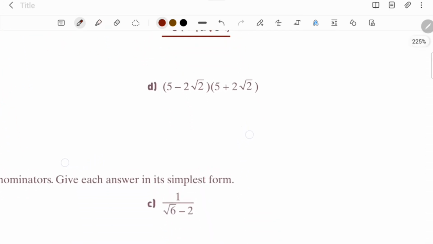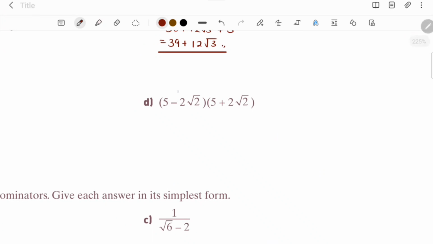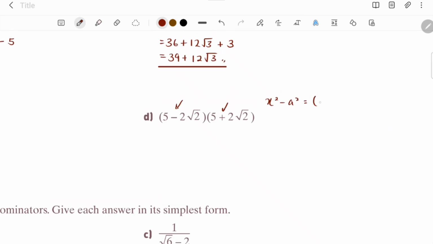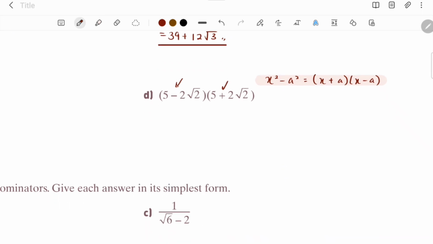Let's look at D. Notice that this one is minus and plus. So we already learned before, if x square minus a square, this one is actually x plus a, x minus a. So it's the same in this case, no?